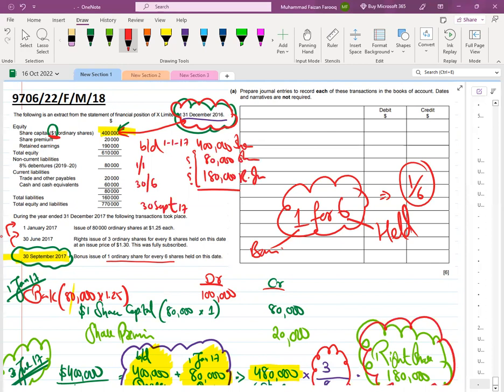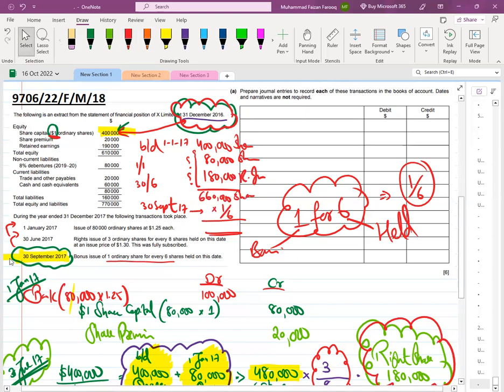Yes. So we do have 660,000 shares in issue when we are calculating 1/6, the fraction of bonus. This is the trick which you cannot see in your book. We learn this trick from past papers only, and a lot of past papers on this topic are available. We will do more as well.